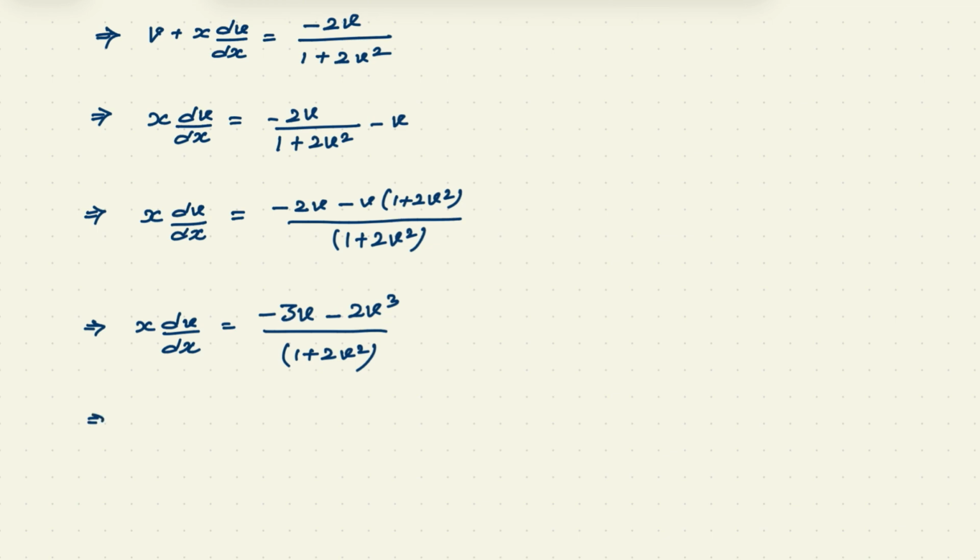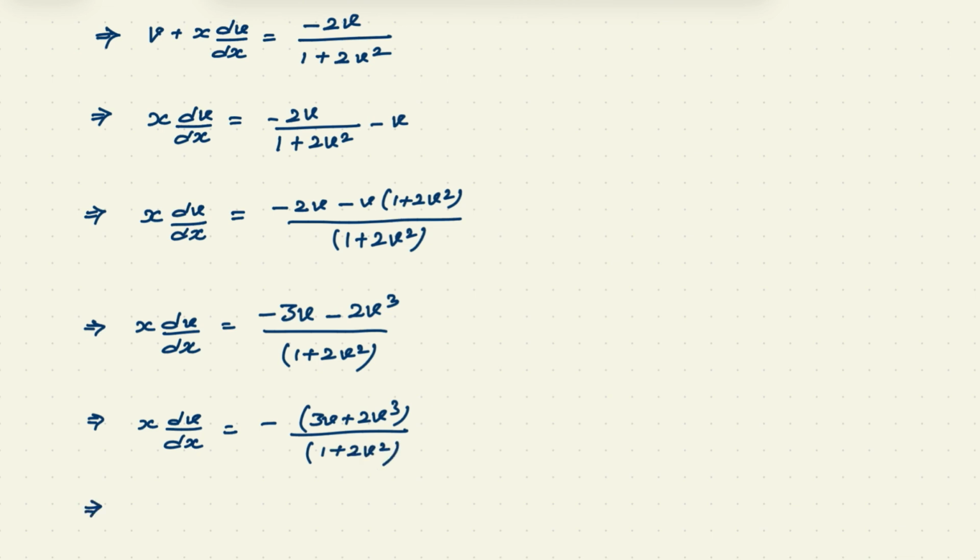So let us take out minus common. Then here we have x into dv over dx equals minus (3v plus 2v cube) divided by (1 plus 2v square).